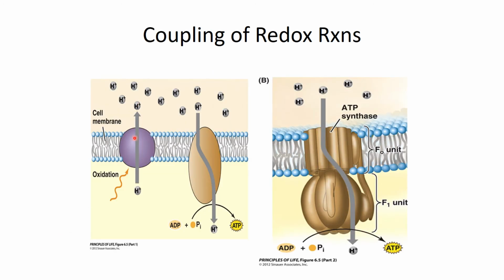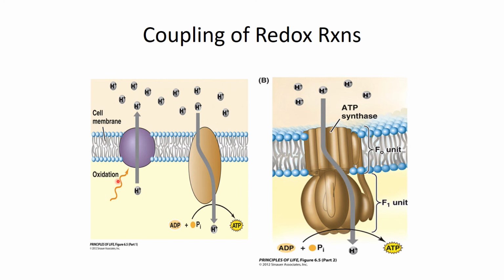Well, where do all those hydrogen ions come from? There's something called an electron transport chain, which is a bunch of proteins, and as oxidation of NADH happens, well, when NADH oxidizes, it produces NAD plus and H ions. Those H ions get actively transported into the inner membrane space of the mitochondria, and it's got to use active transport because there's more concentration of hydrogen ions in the inner membrane space than there is in the matrix.